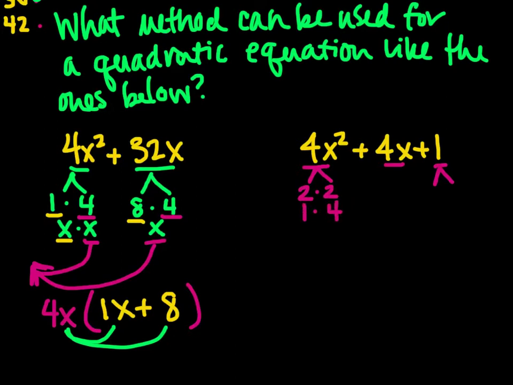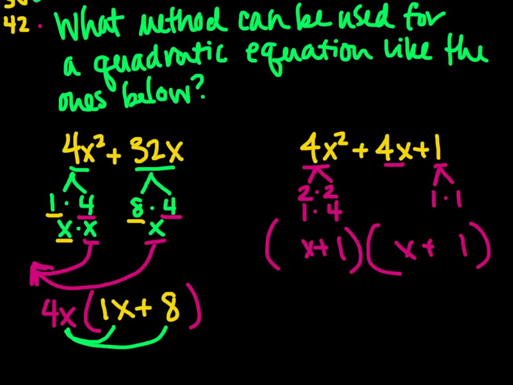And on this end with the 1, it's essentially 1 times 1. That's the only thing we can do. Now there's still an x squared there, so I know that I'm going to have an x at the front of each of my factors, and I'm actually going to give myself a little bit more room because it looks like I'm going to be writing a number in front of them. x, and there's also going to be a plus, and my very last thing is going to be a 1.